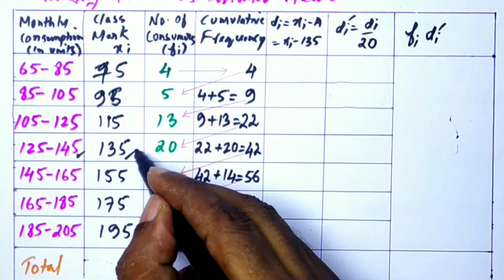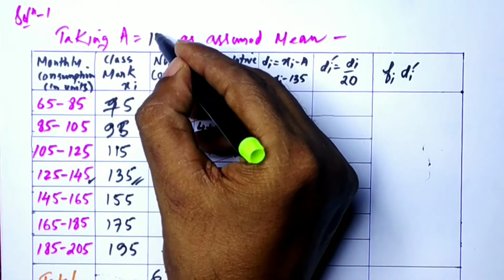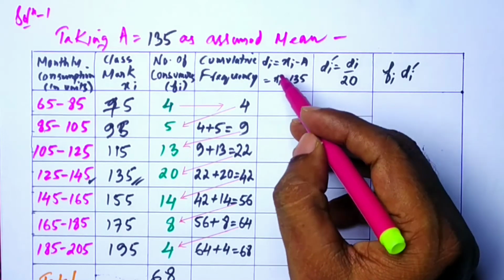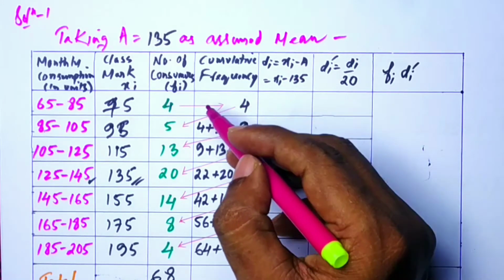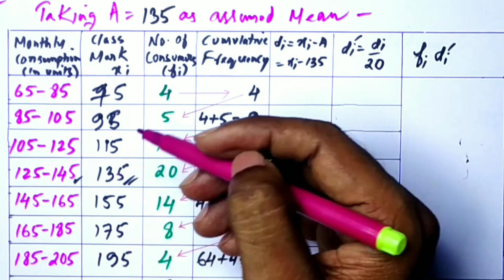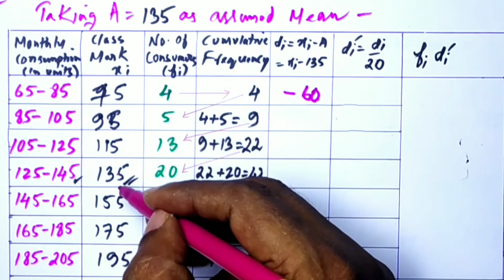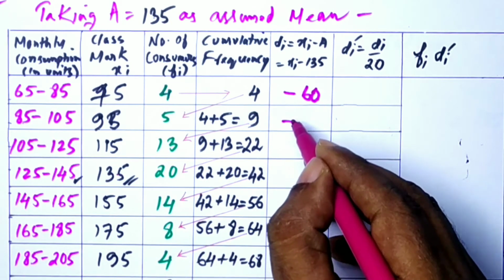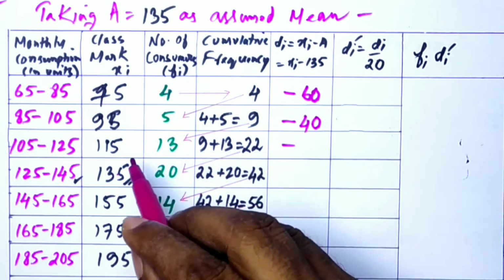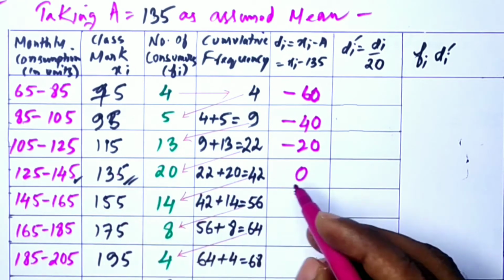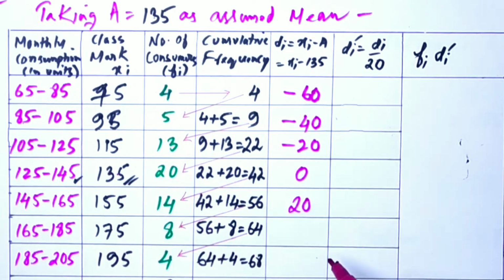We take 135 as our assumed mean a and calculate di, which is xi minus a. So 75 minus 135 is minus 60. 95 minus 135 is minus 40. 115 minus 135 is minus 20. 155 minus 135 is 20. 175 minus 135 is 40. 195 minus 135 is 60.